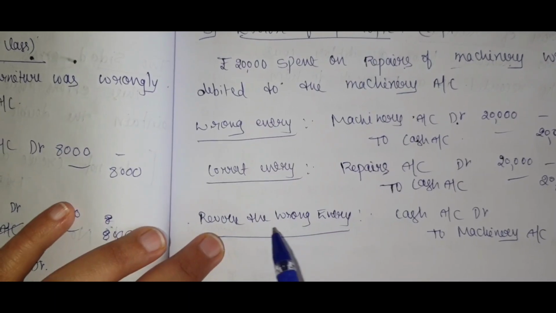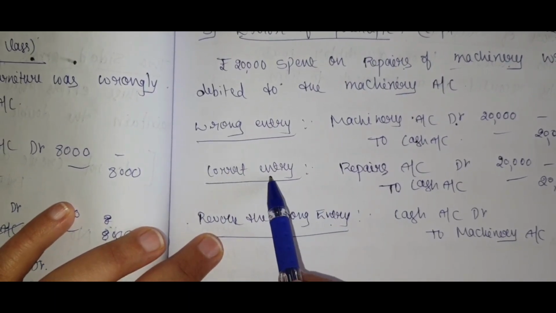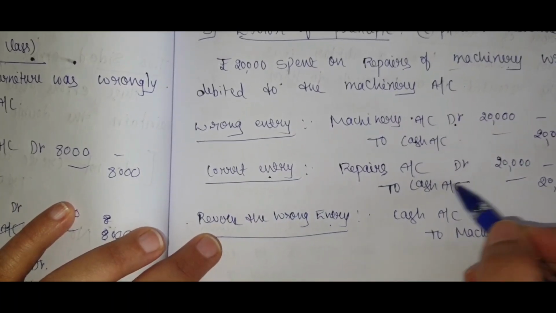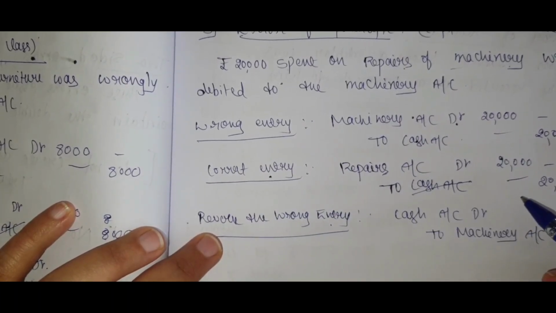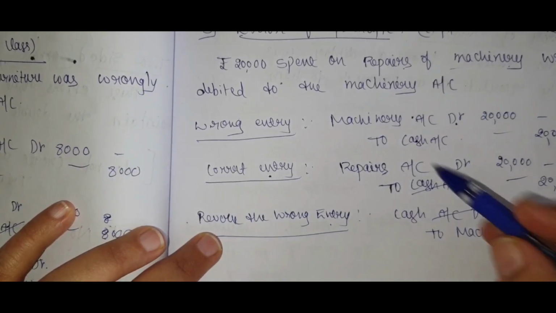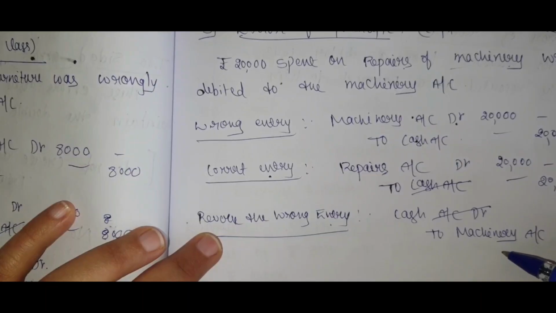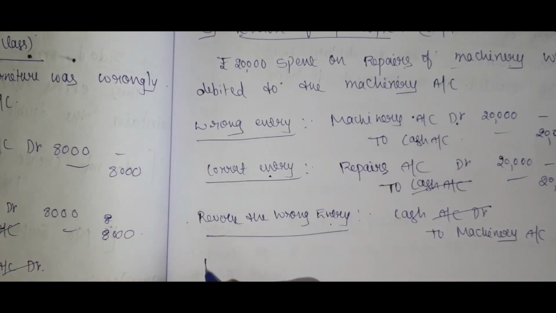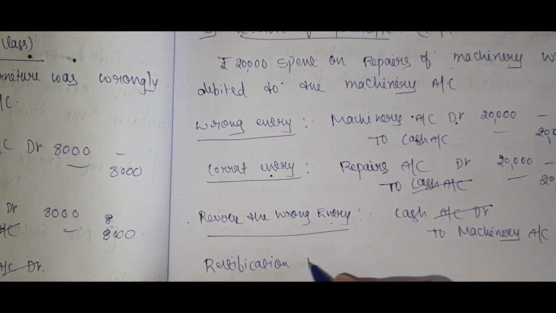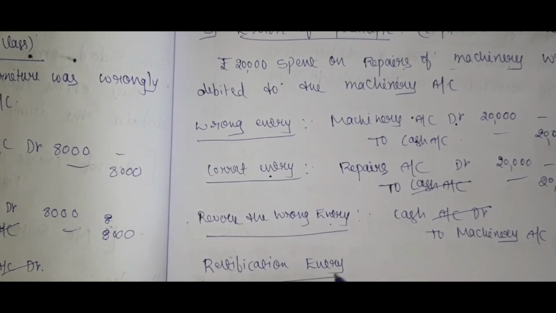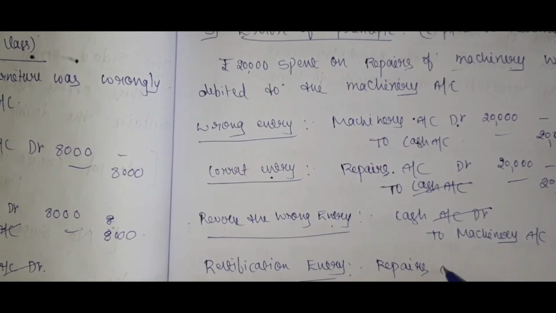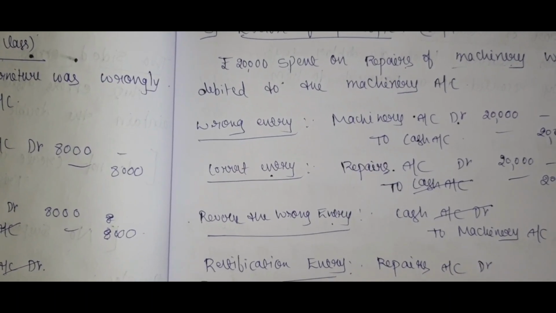Now compare the reversed wrong entry and the correct entry. Here again we need to cancel the cash account. In the correct entry cash account is credited, and in the reversed wrong entry cash account is debited. The remaining accounts are repairs and machinery. So this is the rectification entry: repairs account debtor to machinery account.